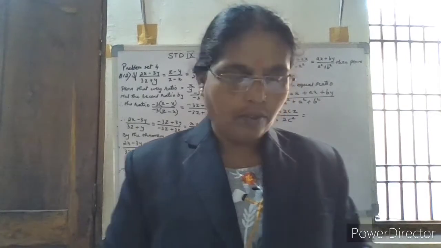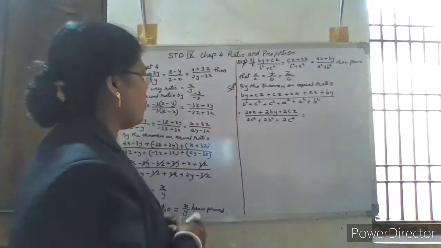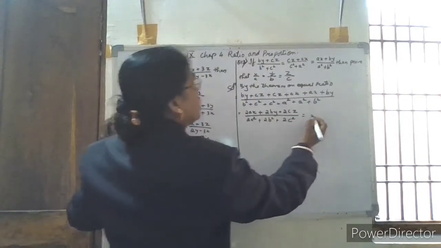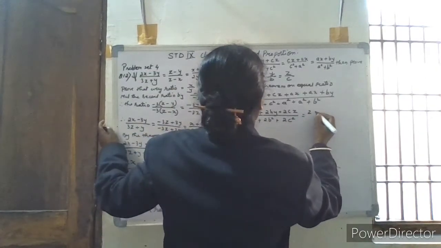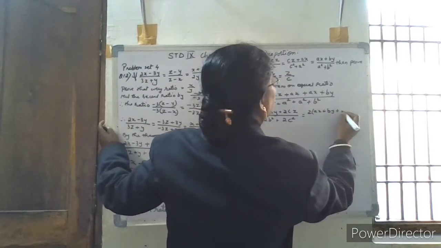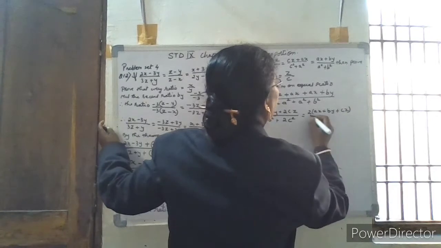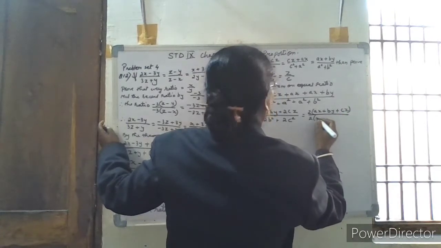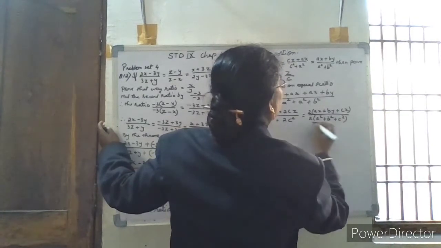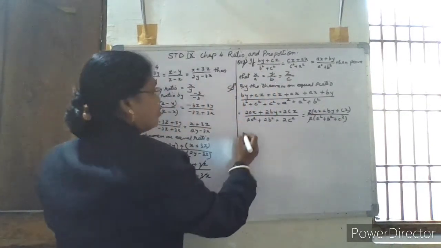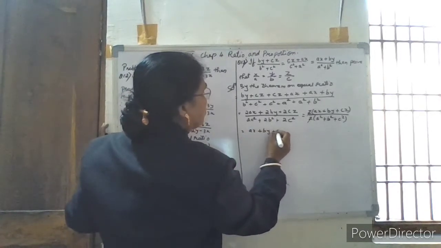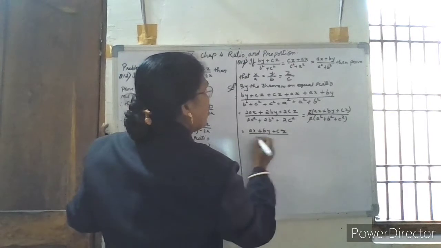So this is equal to, now here 2 is common, 2 into (ax plus by plus cz) upon 2 into (a squared plus b squared plus c squared). 2 gets cancelled. So we are left with (ax plus by plus cz) upon (a squared plus b squared plus c squared).